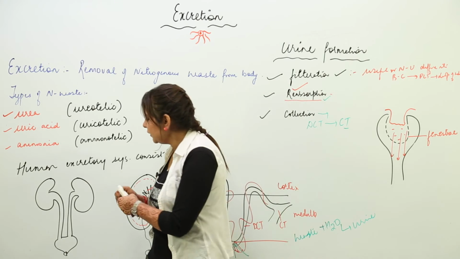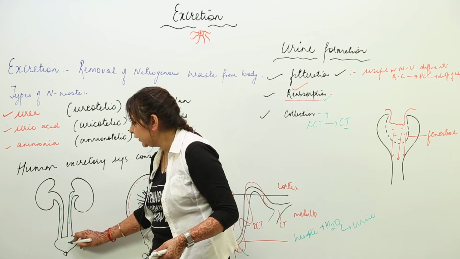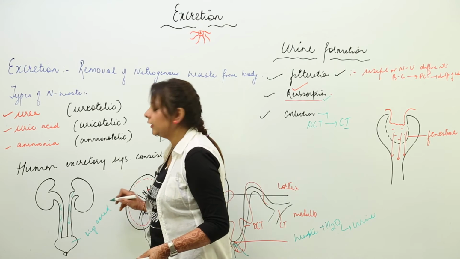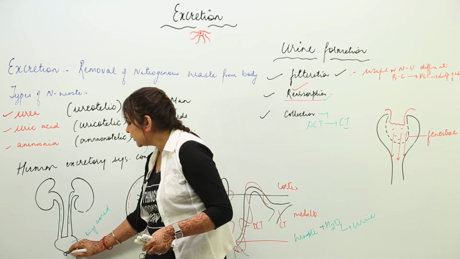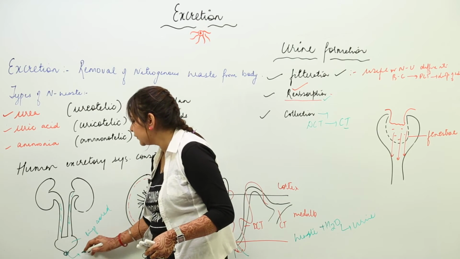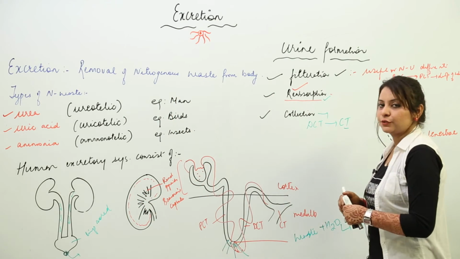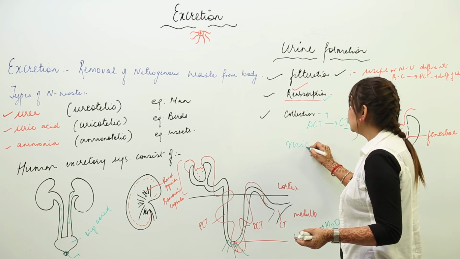From the ureter the urine is carried into the urinary bladder, where it is temporarily stored, because the urinary bladder is a sac where urine gets temporarily stored, and then through the urethra, this opening, it is excreted out. The excretion of urine, the process of passing urine, is called micturition.